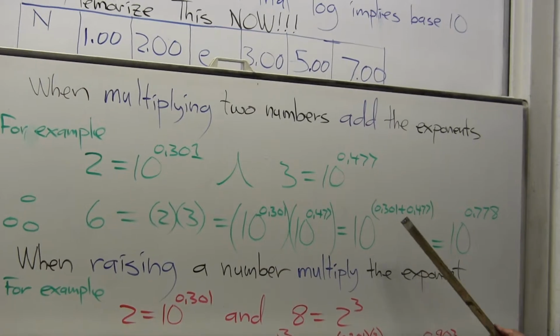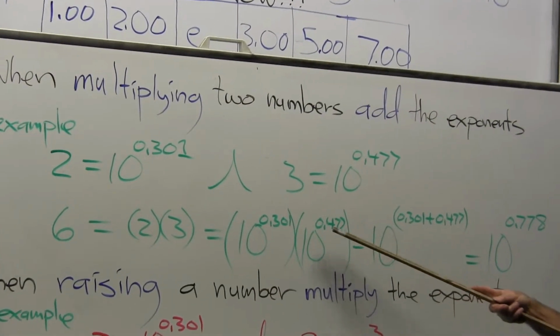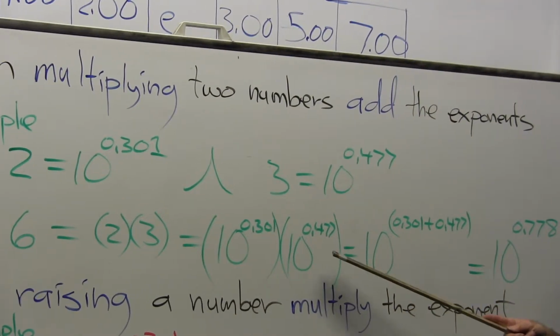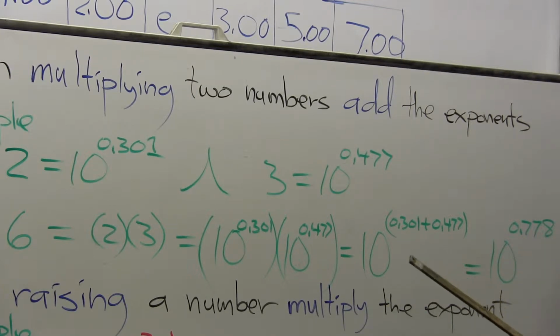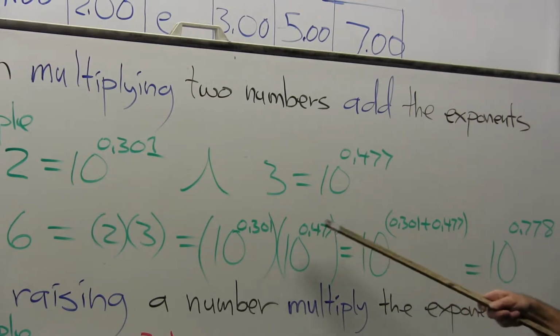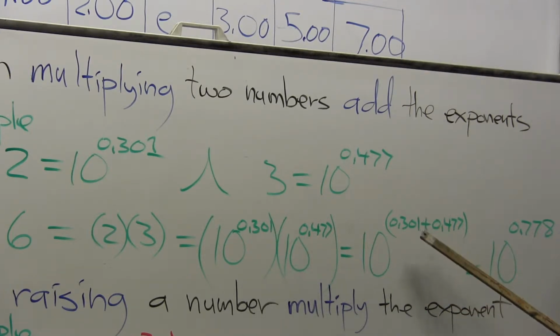Well, when I multiply 2 numbers with a common base, I simply add. So when I multiply, I add. That's equal to 10 to the 0.301 plus 0.477, which is 10 to the 0.778.